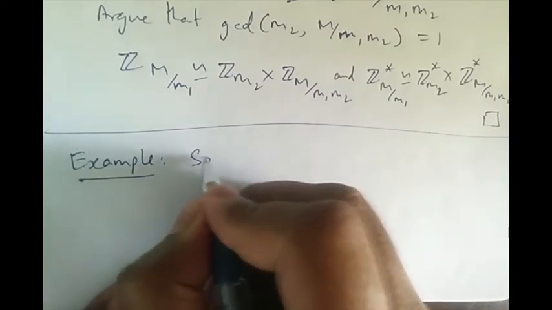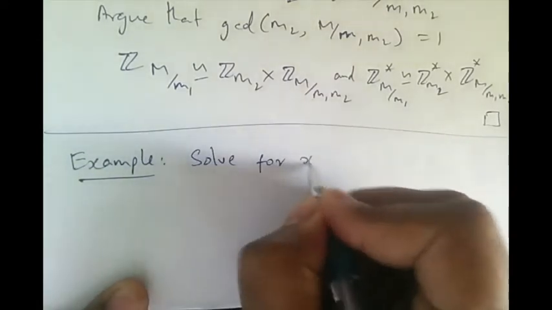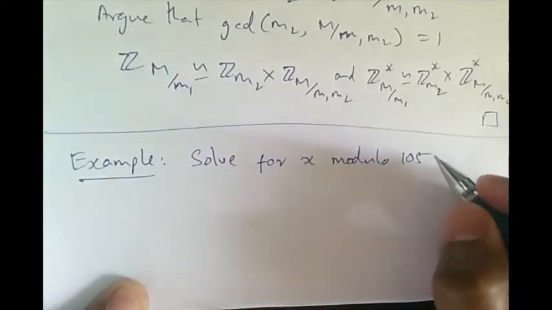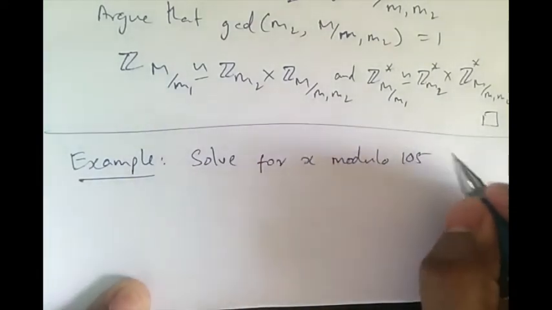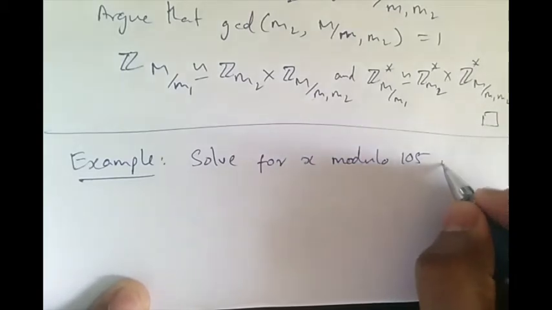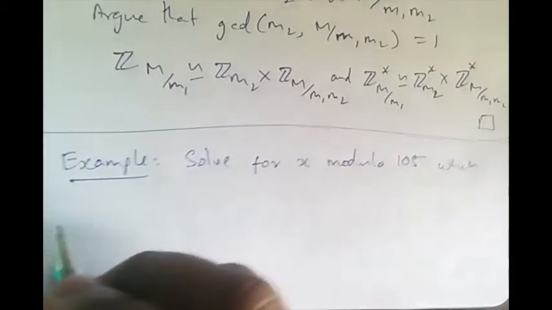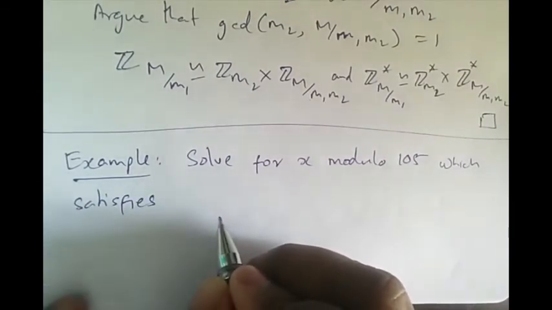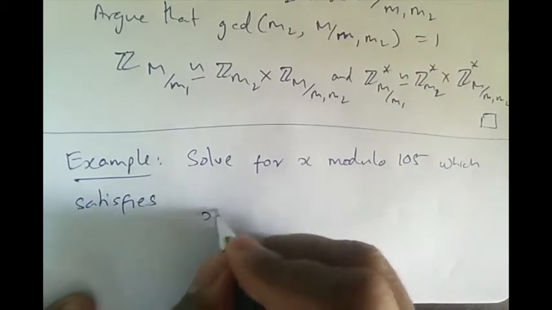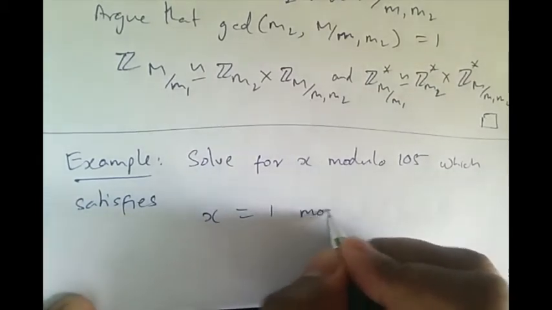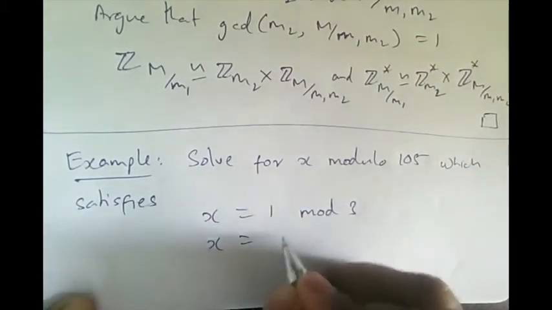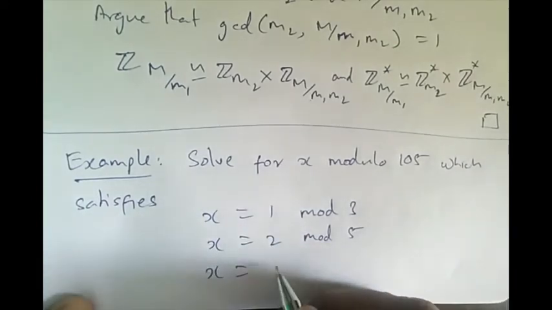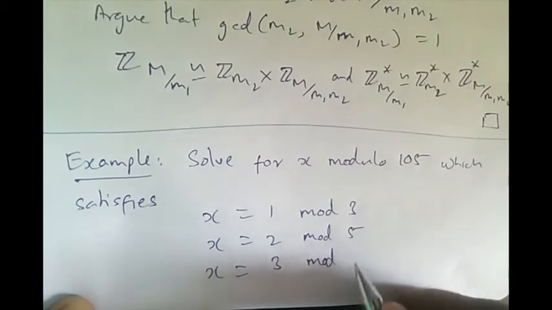Solve for x modulo 105 which satisfies x equals 1 mod 3, x equals 2 mod 5, x equals 3 mod 7.